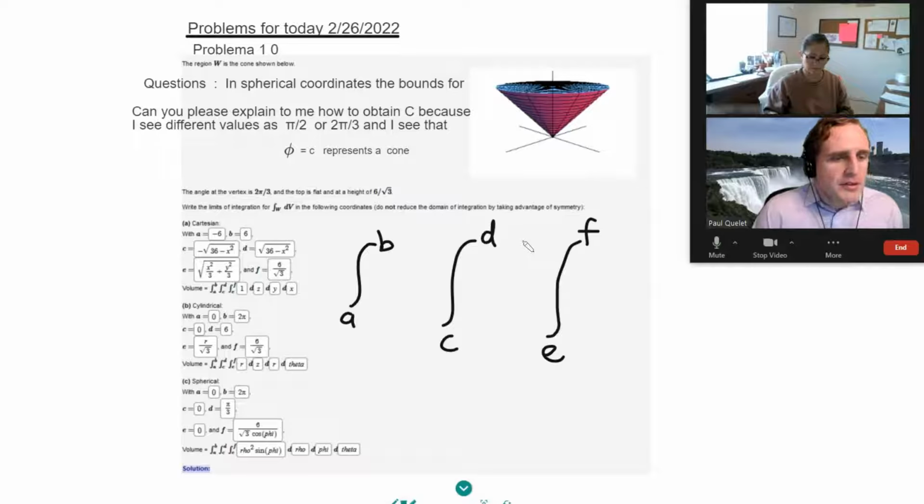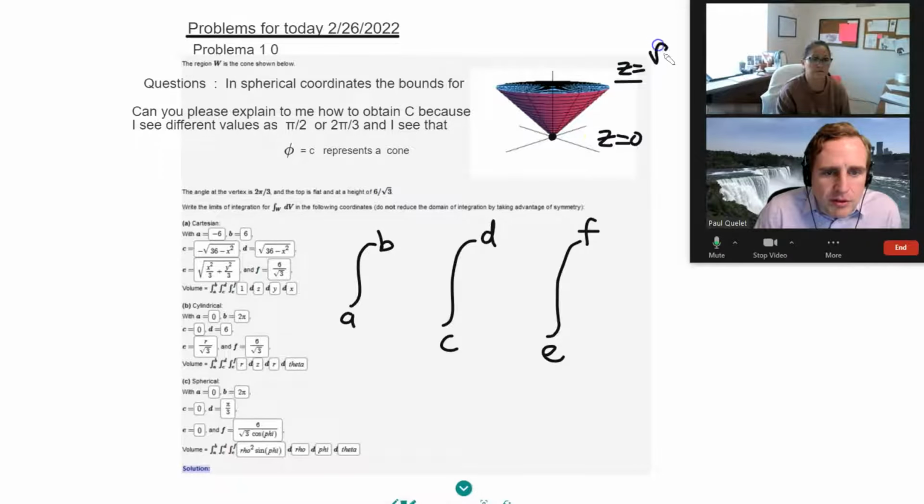First of all, I think that z is the easiest, because z is just going to be from the bottom to the top, right? So that's relatively straightforward. That's just going to be z equals 0 to z equals 6 over square root of 3.